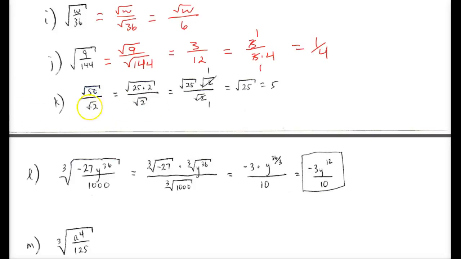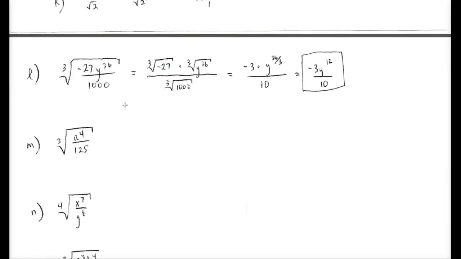So in example K, we see that square root of 50 can be rewritten as square root of 25 times square root of 2. And we see that square root of 2's in the numerator and denominator reduce to 1. And thus, we just have square root of 25 left, which equals 5.